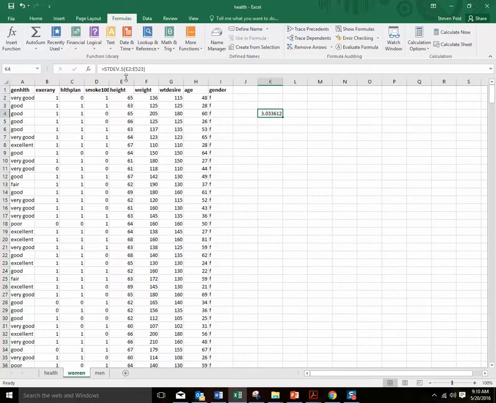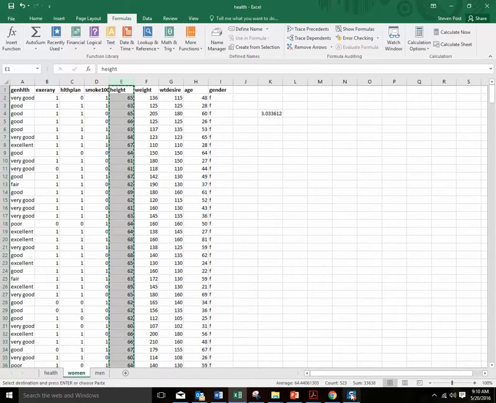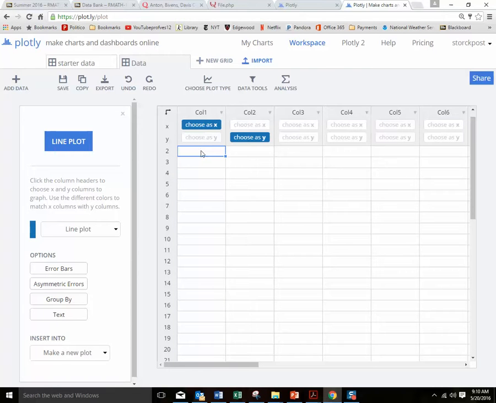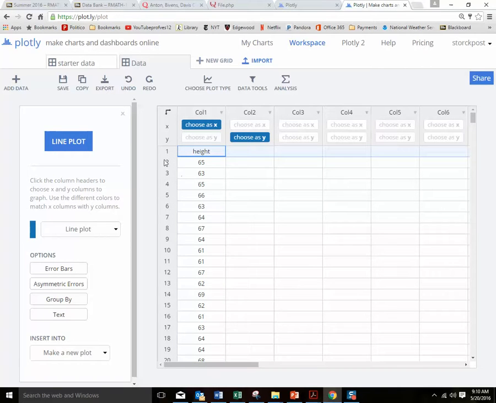The other way we talked about, when we want to get a bunch of these statistics at once, is to put it into Plotly. So just select the whole column by clicking on the E, right-click to copy, open up Plotly, and then Control V to paste. And remember, Plotly does not like having a top row with words in it. Somehow I accidentally started in row 2, so I'm just going to delete both these first two rows.